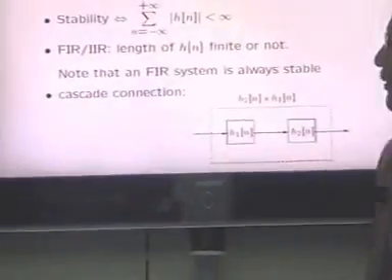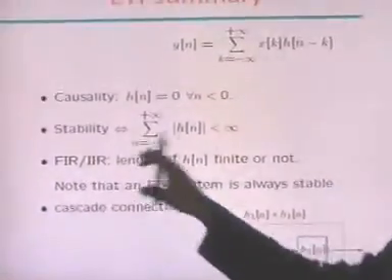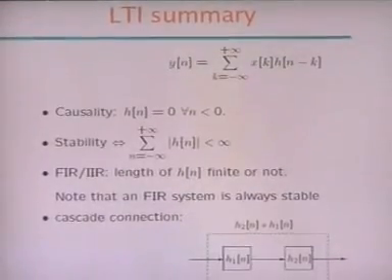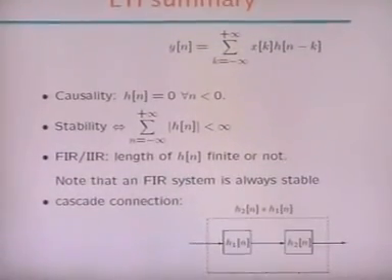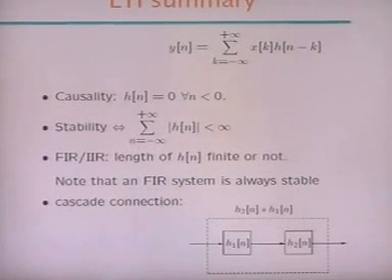We talked about a causal system, we talked about stability of a system, we talked about FIR and IIR. It actually depends on the length of your impulse response. If it is finite length impulse response, it will be FIR. If it is infinite, it will be IIR. We said that all moving average systems are FIR and all autoregressive systems are IIR.